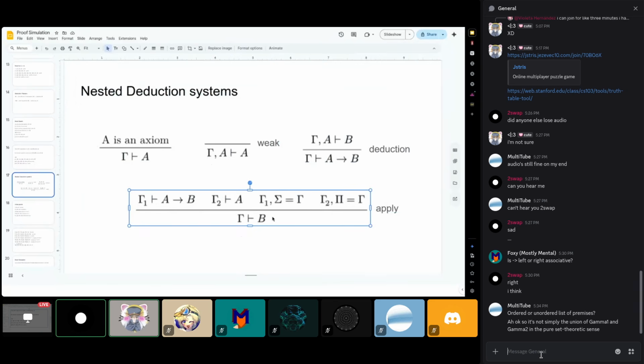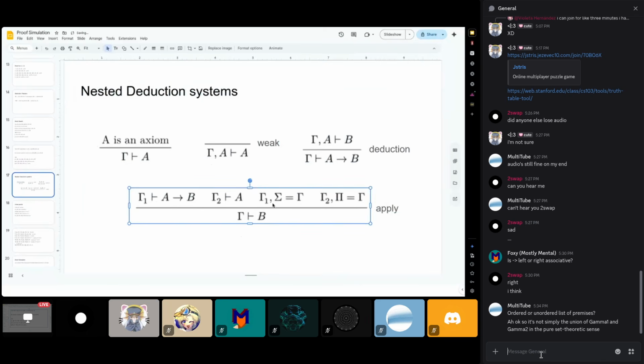You can think of it as a list though. So gamma 1 is a list and sigma here is a list. Then if you concatenate those two, they equal this big context here. And if you concatenate gamma 2 with pi, you get this big context here for some pi and some sigma, right? By prefix, I mean it's a prefix of the list of assumptions.